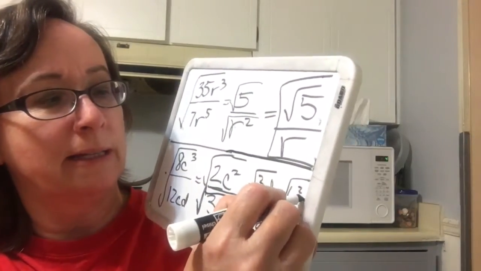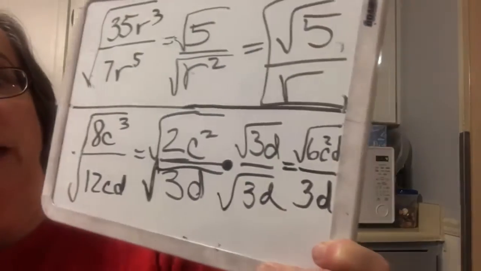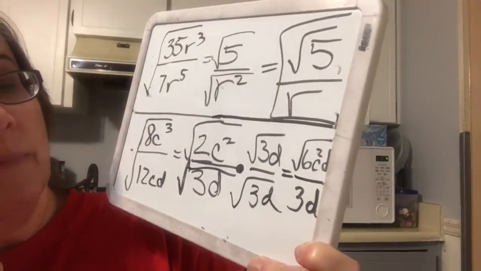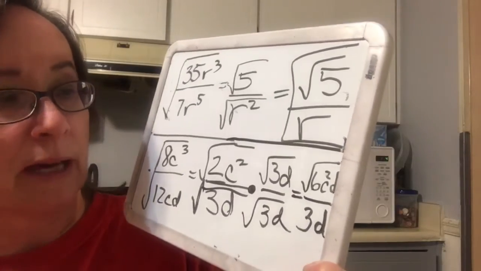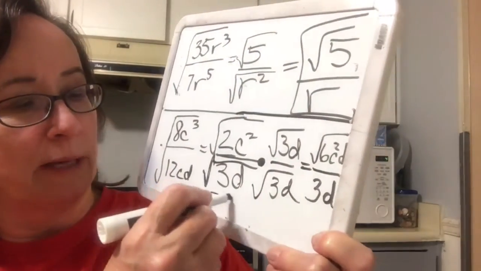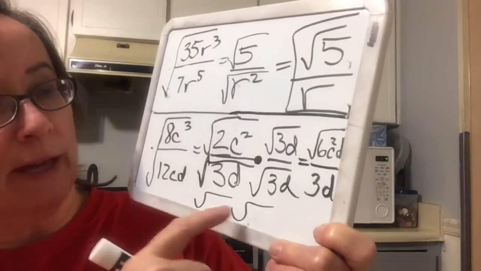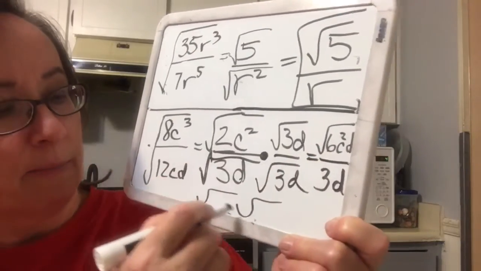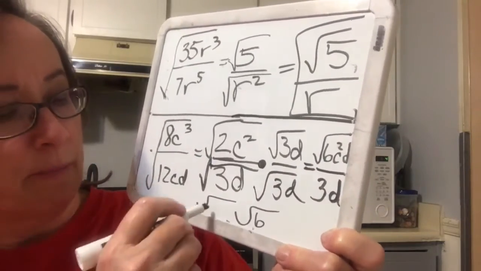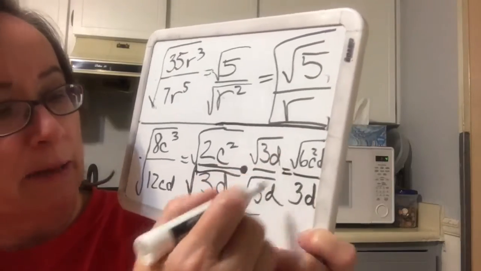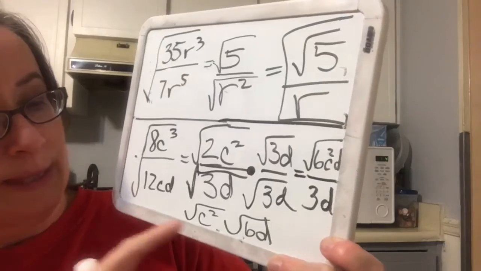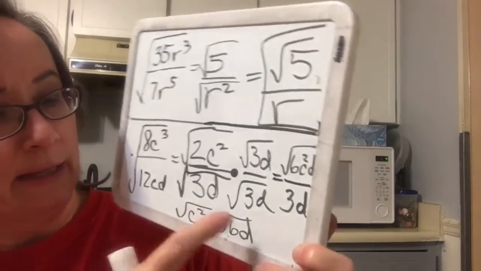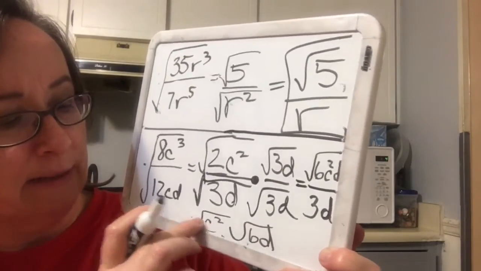Okay, 6c squared d, but I still have one problem, and that is that the c squared can come out. So when I break that one up into a perfect radical and a leftover radical, my 6 is left over, my c squared is perfect, and my d is left over, okay? So this will simplify to a c.